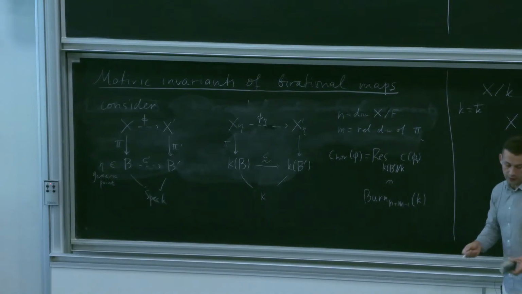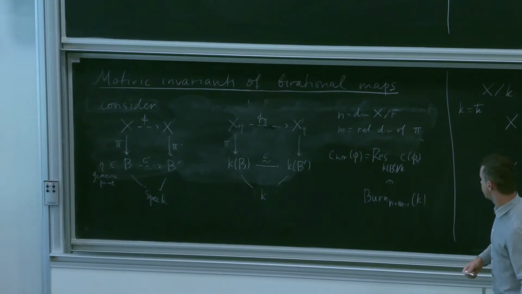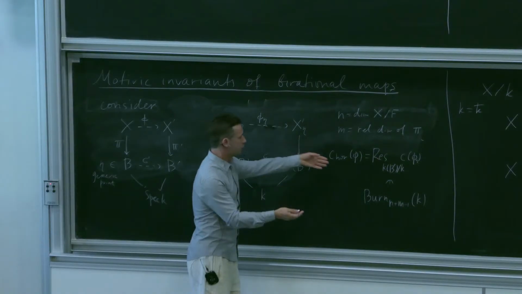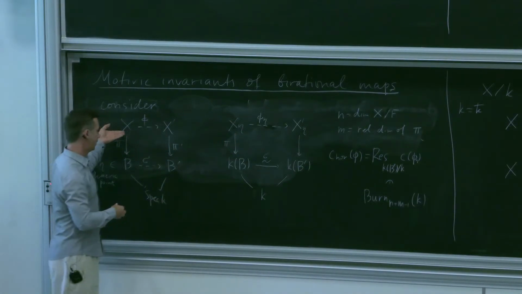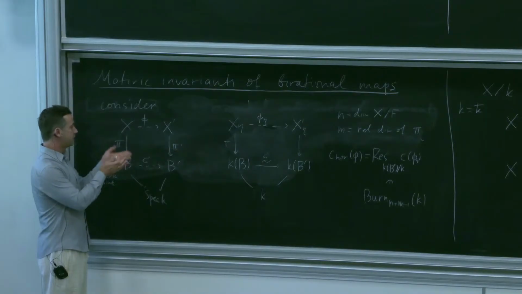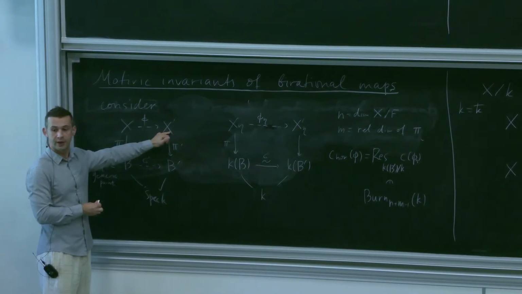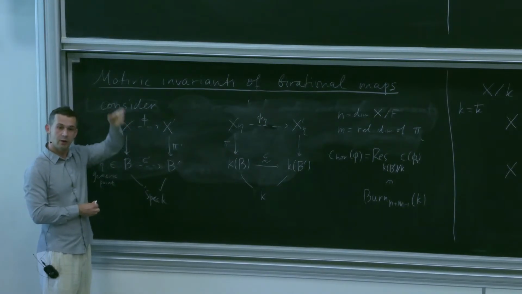So, maybe let me try to make a picture for why these are horizontal invariants. Basically, the separation I want to do is that exceptional divisors on the two sides are of two types. Either they are seen on the generic point.